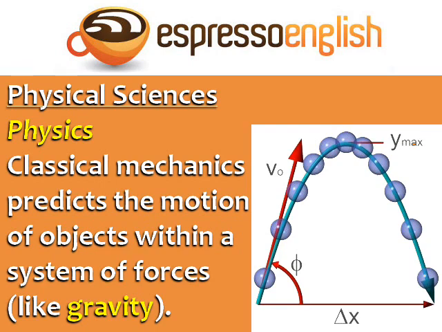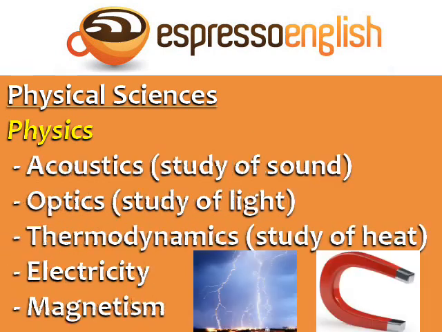Gravity is the force that pulls objects down towards the Earth. A few other areas within physics are acoustics, the study of sound, and optics, the study of light. Most physicists also need to have an understanding of thermodynamics, the study of heat, electricity, and magnetism.